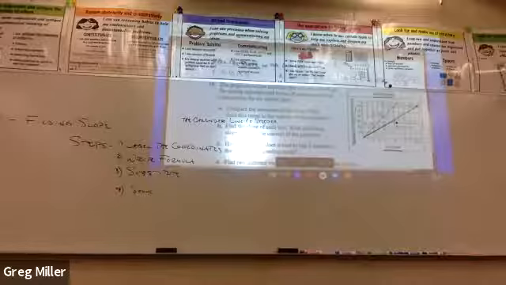Now, thinking about what our graph, our X and Y coordinates say, somebody tell me, what does this mean in the context of the problem? If my calendar line's steeper, what's that mean?